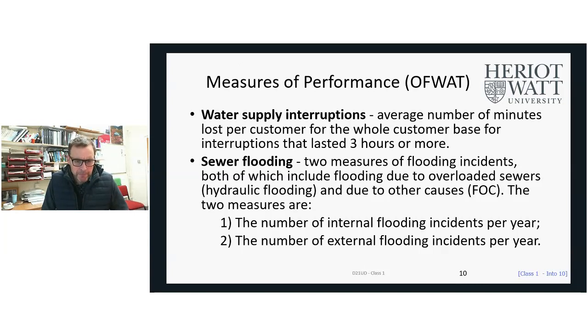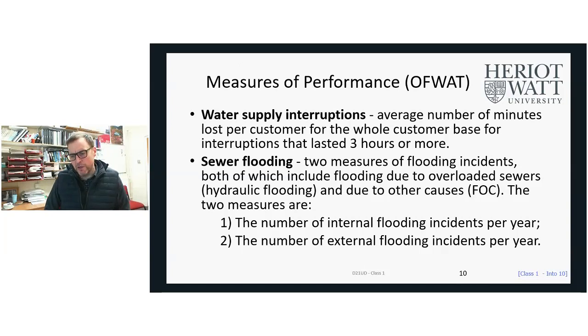Sewer flooding is either the number of internal flooding incidents per year, where there's flooding inside a property, or the number of external incidents per year, so flooding outside the property from the sewer apparatus. A distinction is made between flooding due to routine rainfall and flooding due to exceptional rainfall.